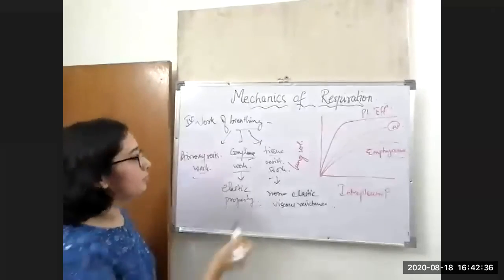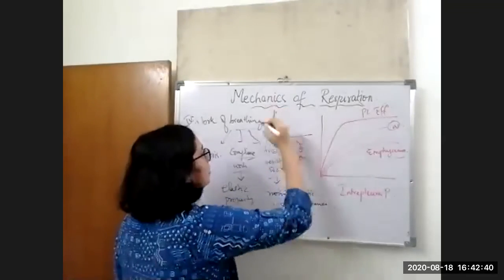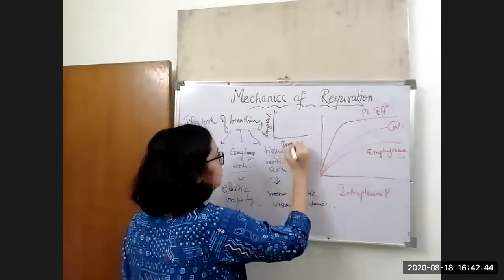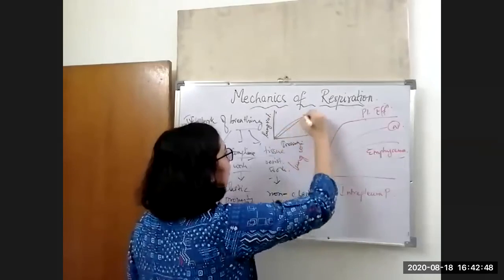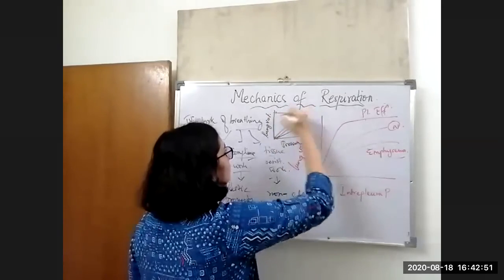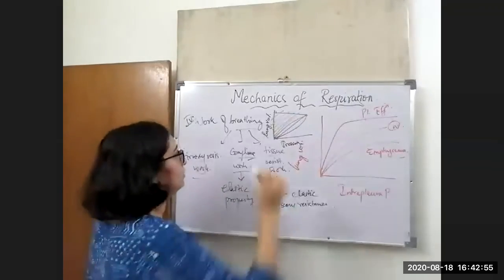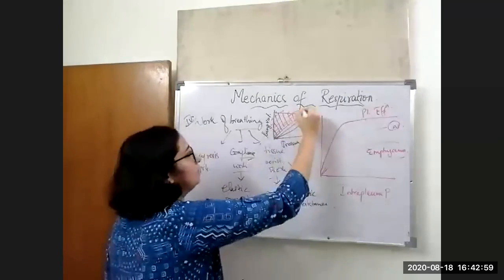Okay, so if we plot it in a graph, it will be like this. This is your lung volume. Okay, these are your pressures. So this whole thing will be your compliance work.